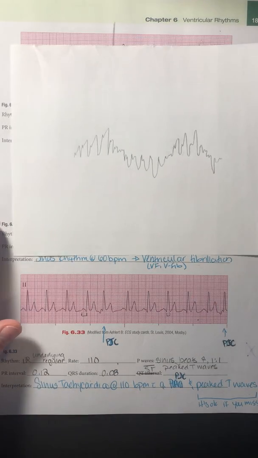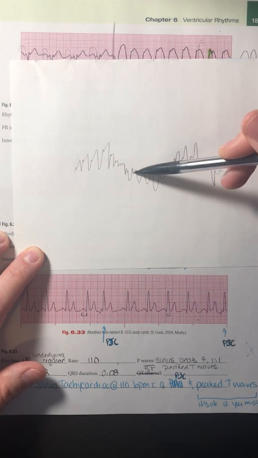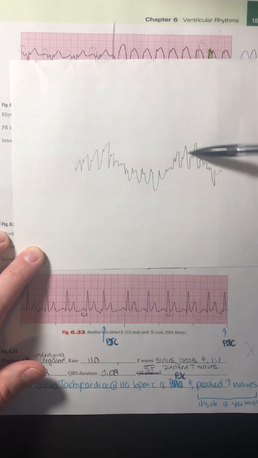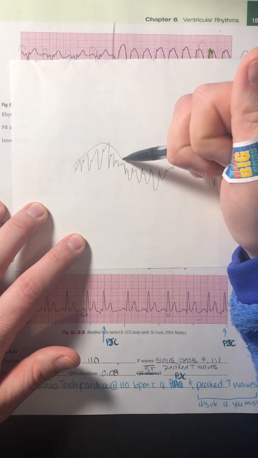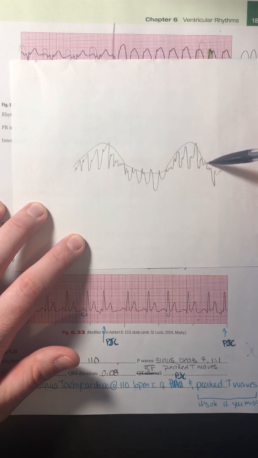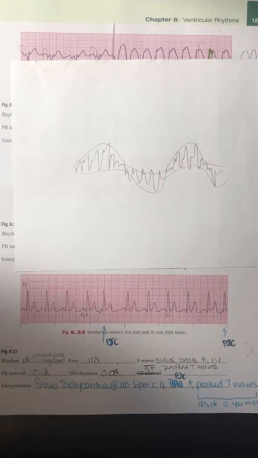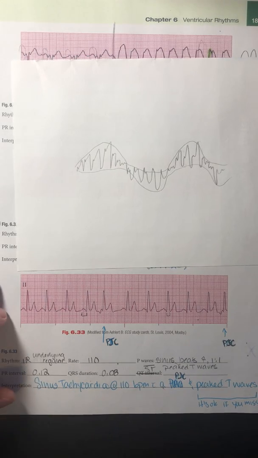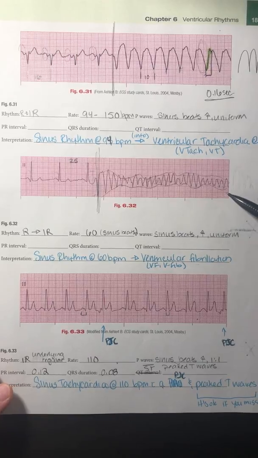With torsades, we're going to have this upwards reflection of the QRS and then a negative reflection, then an upwards reflection and then a negative. And it's called torsades because it has this ribbon-like appearance. So if you looked at it, it would look like a piece of ribbon that you twisted. So this is just going to be VF, or ventricular fibrillation.